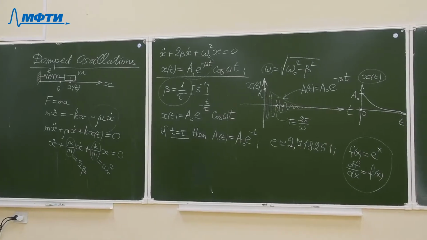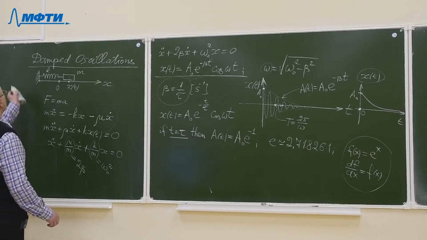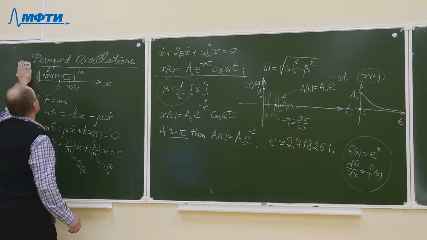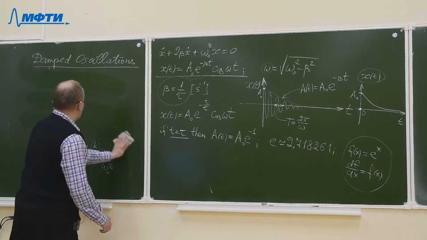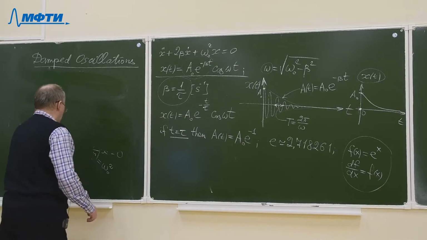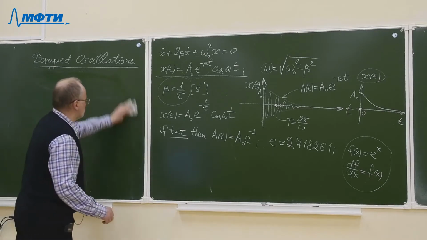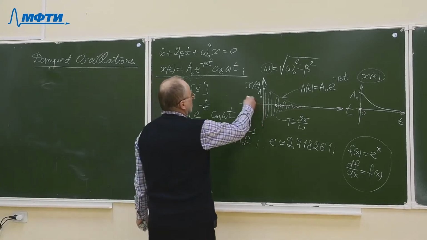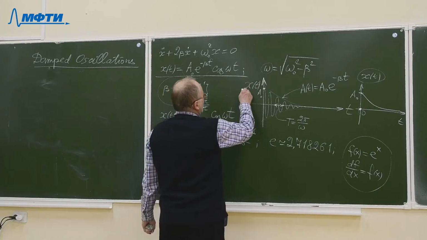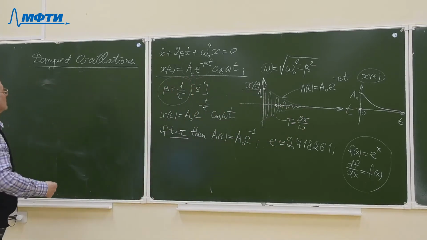Another thing I would like to discuss is a phase portrait. Phase portrait of damped oscillations. Sometimes it's very useful to depict oscillations using a different way of presentation, not the coordinate as a function of time, but a different way to present the motion.